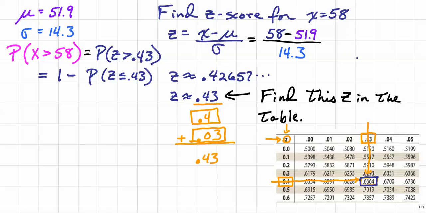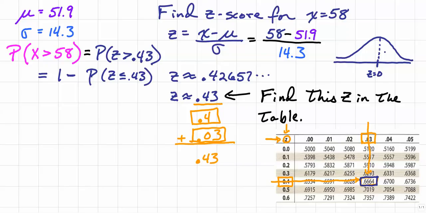If I were to draw that using the normal distribution curve, and it doesn't have to be perfect, z equals 0 is the mean of the distribution, and it splits the curve in half, with everything to the left being 0.5 of the area and everything to the right being 0.5.